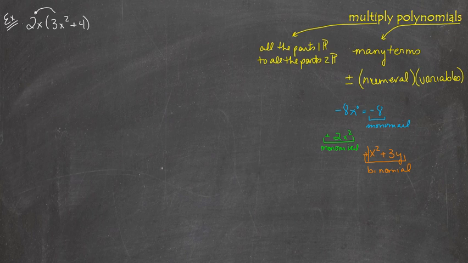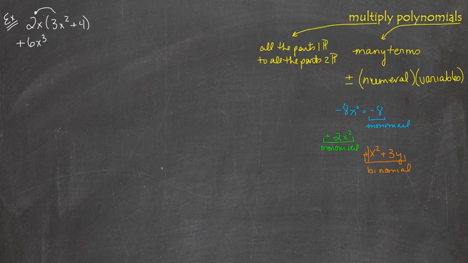So this is a +2 and this is a +3, so a positive and a positive is a positive, and I don't need to write it, but I'm going to just to make the point. And then the numeral part, 2 times 3 is 6, and then the variable part, x times x squared is x cubed.